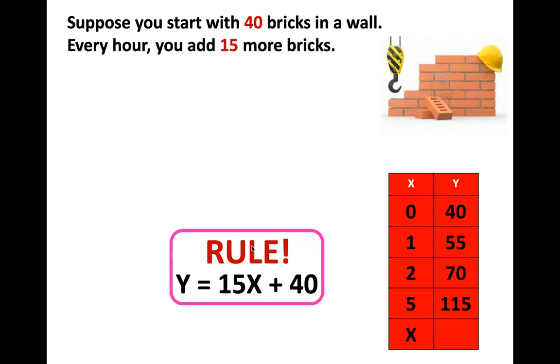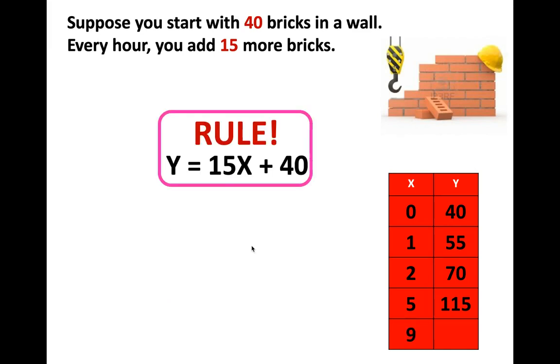Now we can use the rule to find other points. How do we do that? Well, look at 9. We could either keep building the table out, or we could use that rule. So y equals 15x plus 40, but now we know that x is 9. So this is the evaluating that we practiced. We plug 9 in for x.